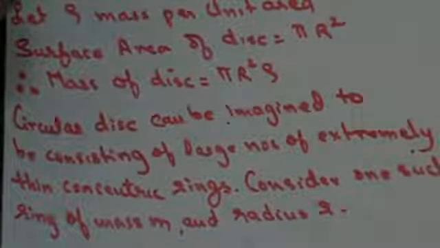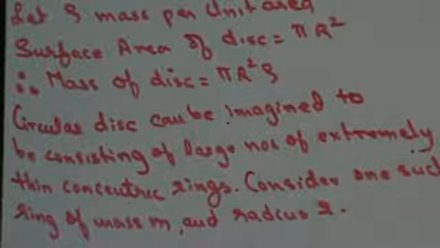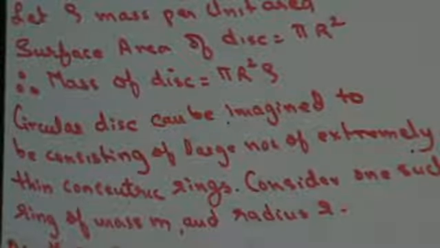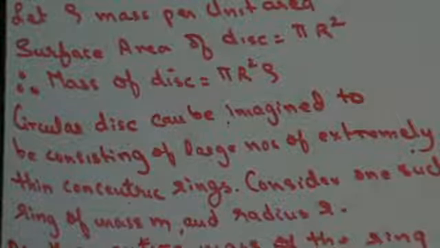So in which case I can say, as the entire mass of the ring is at the same distance from the axis of rotation, the moment of inertia of the ring can be given by the formula: moment of inertia of ring I will be nothing but mass into radius square.